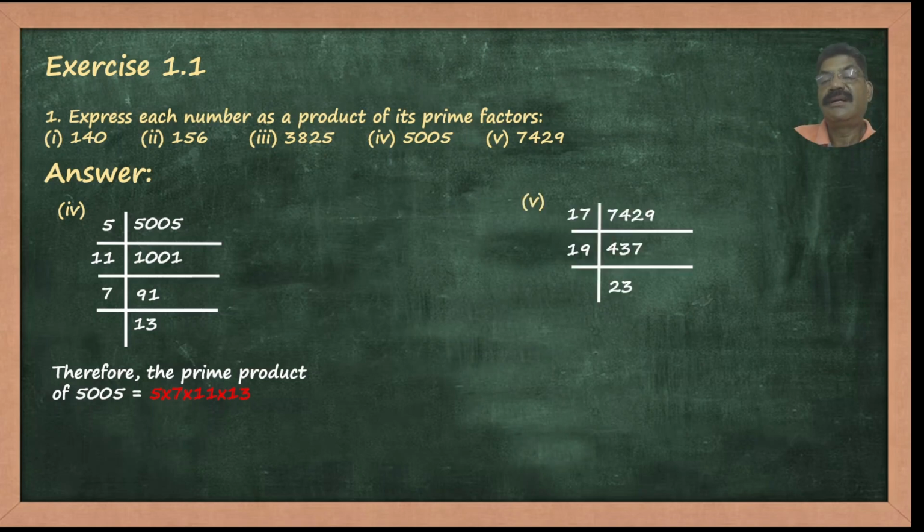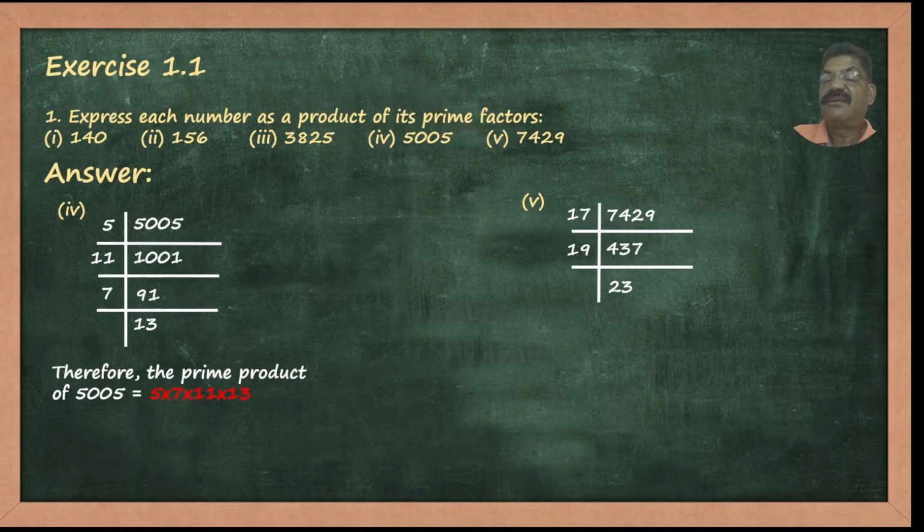Now, you look at the last number. 7429. Obviously, it is not divisible by 2. 7 plus 4 plus 2 plus 9, it is not divisible by 3, not divisible by 5, and so on. I tried with the prime numbers before 17, but only 17 divides 7429.